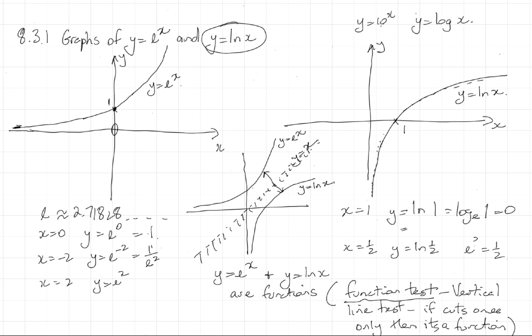How do they differ? 10 to the x is a lot steeper, and same over here. So these are once again mirror images of each other, so they are inverses of each other. But they are the graphs of exponential and logarithmic graphs.